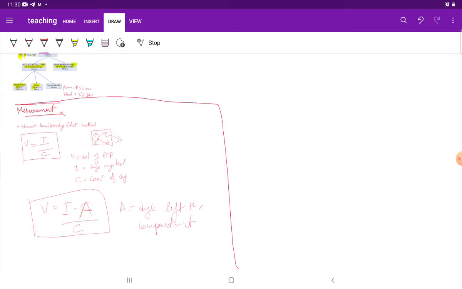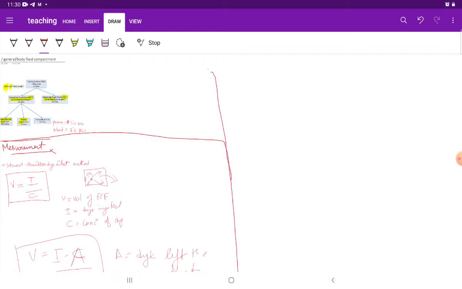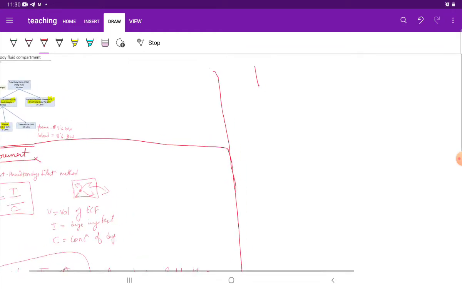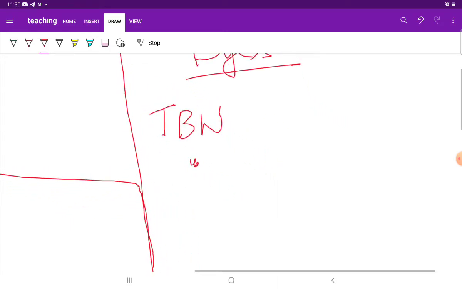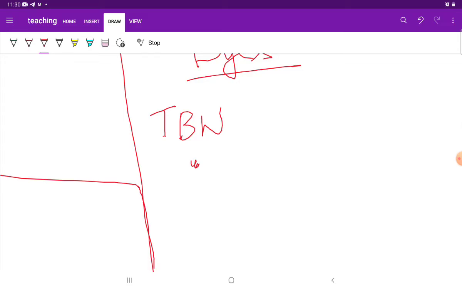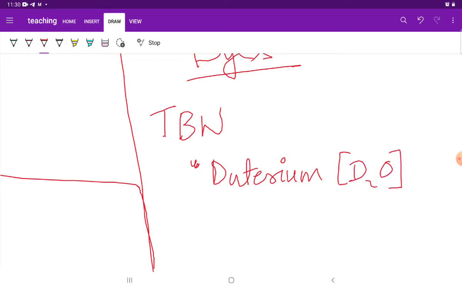Now let's discuss the dyes which we use for measurements. Let's talk about total body water first. The dye used here is deuterium oxide, D2O, and then tritium is also used.